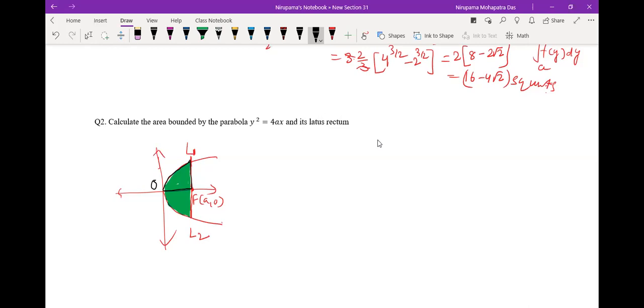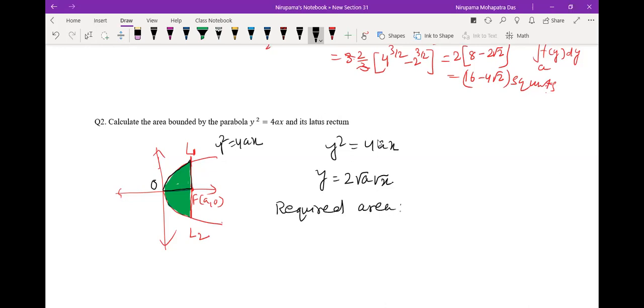Now you can write here the curve is y square equal to 4ax. So what is the function in terms of y equal to f(x)? It is 2 root a root x, we can write like this. Now the required area is twice the area of OFL1, so twice the integral of.